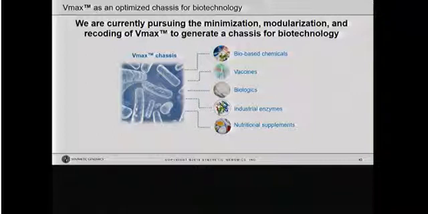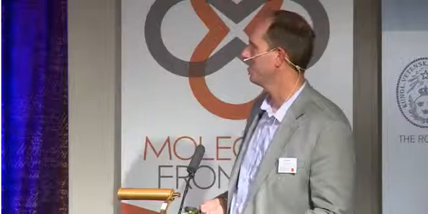Compared to E. coli, you can make about 4 times more protein per culture, and as I already mentioned, it has this capacity to not only make the proteins, but to then secrete them out directly into the growth medium.